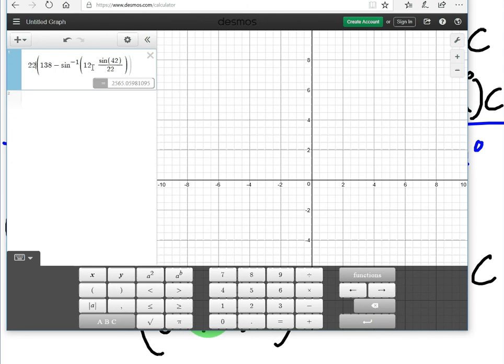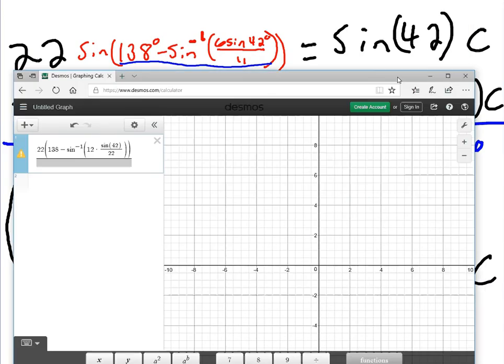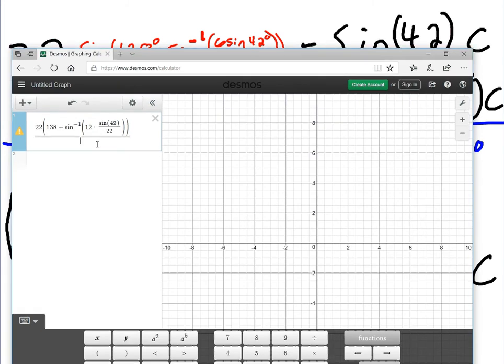Then I will type in the 22, and I will divide all of this. So I'm going to hit my division sign, making sure I'm plugging it in right, by sine of 42. And again, make sure that your calculator is in degrees. And I did something wrong there. I know it's not that big of a number. Give me 1 second to check my work.